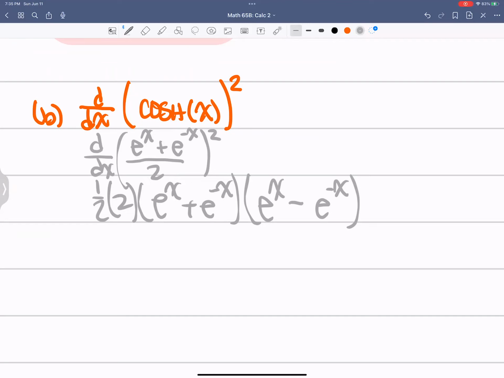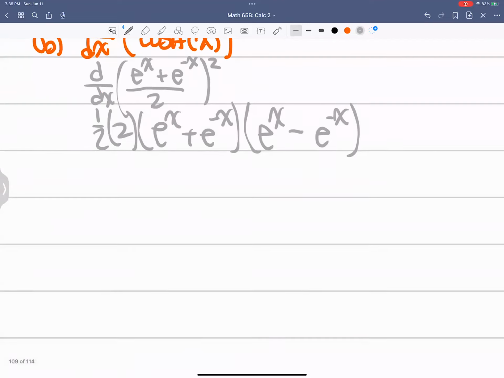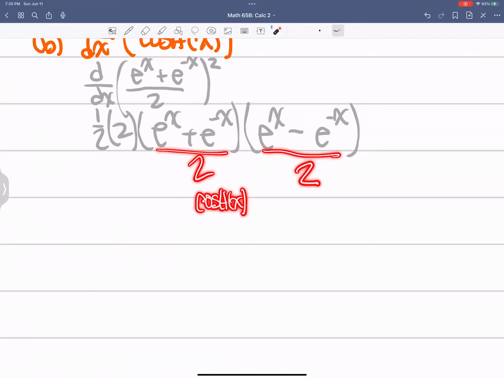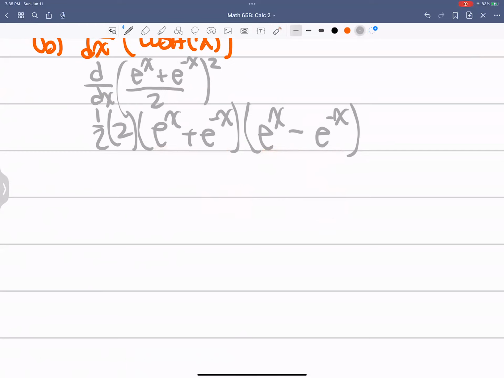And let's see, what else do we have here? So what it looks like is we could divide this by 2, divide this by 2 as well. And then it looks like this one's our hyperbolic cosine of x, and this one's our hyperbolic sine of x. So let's fix that up. So we have 1 over 2, so it looks like it's going to be 4 times 1/2 times another 1/2.